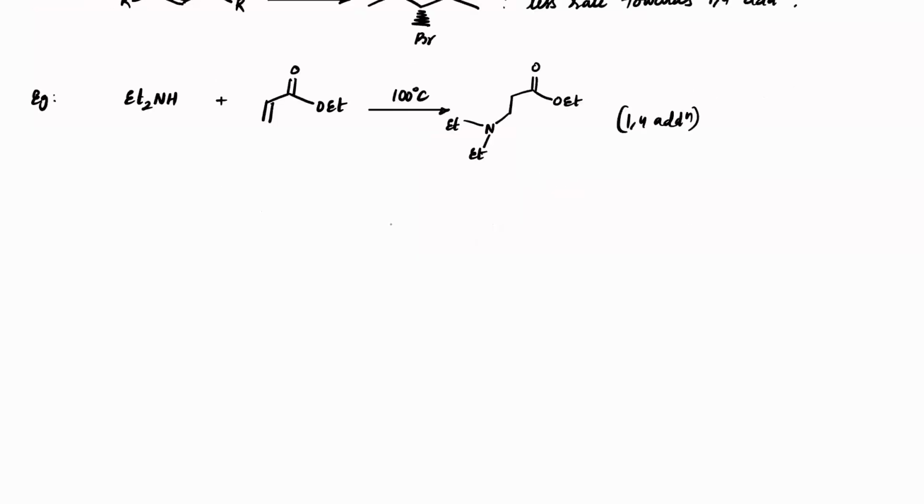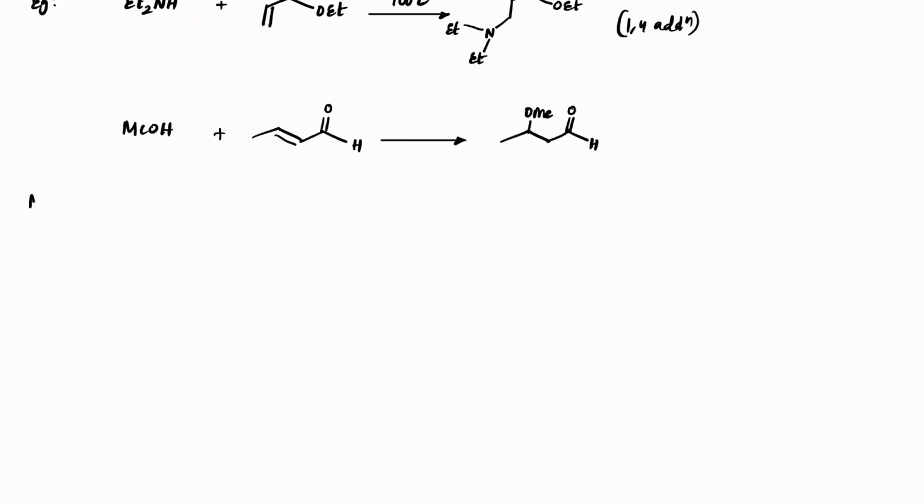Similarly, if you treat methanol with a conjugated system, let's say a conjugated aldehyde, the product you will get here is the same compound with double bond O, H and OMe. Let me show the mechanism, just in case you are not able to relate how it is exactly happening.